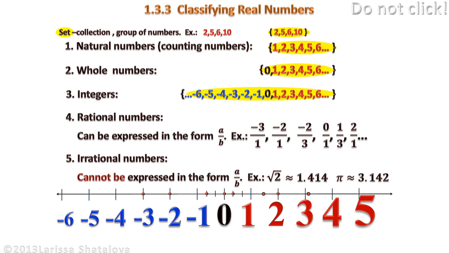Now let's focus on a real number line. All numbers, rational and irrational, we can show on a real number line, and we use small circles to show those numbers. Let's look into the real number line as there are places for numbers.